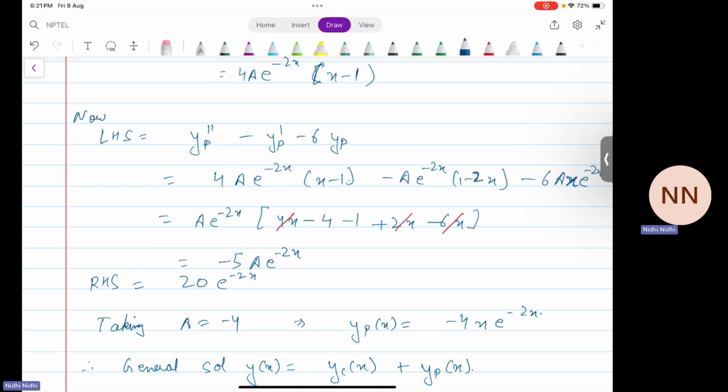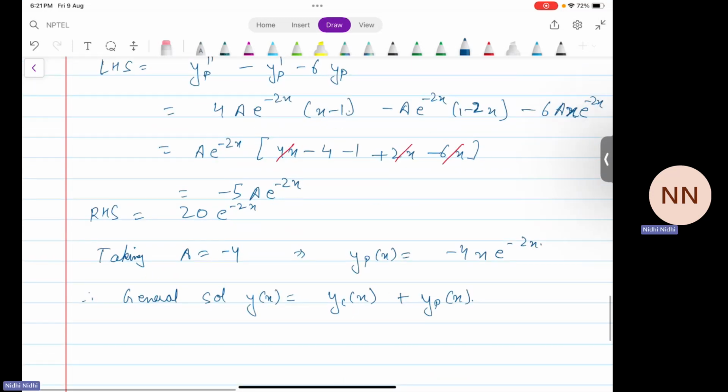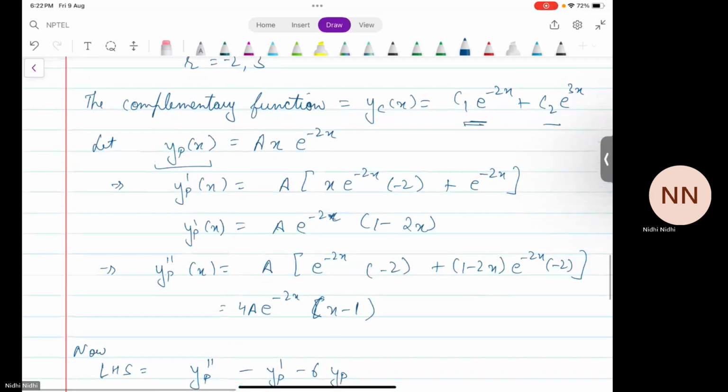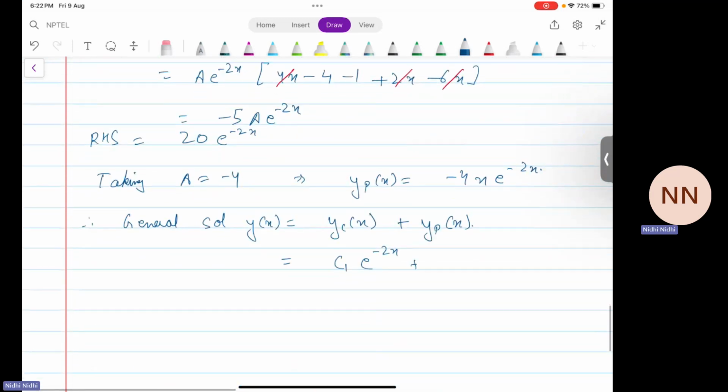That is why we are calling it a particular solution. Now this is equal to c1 e to the power minus 2x plus c2 e to the power 3x minus 4x e to the power minus 2x. This is our general solution.